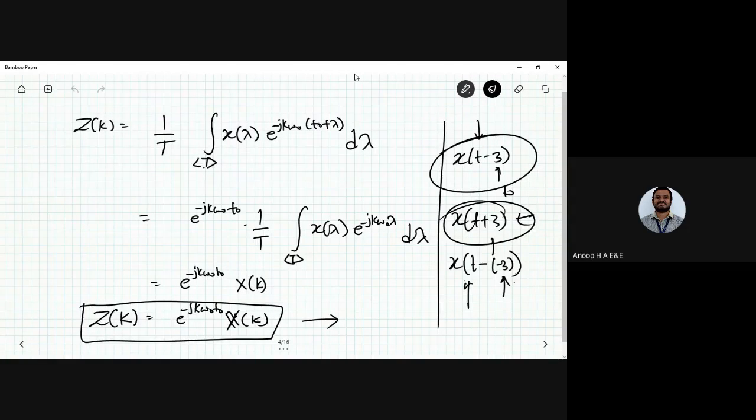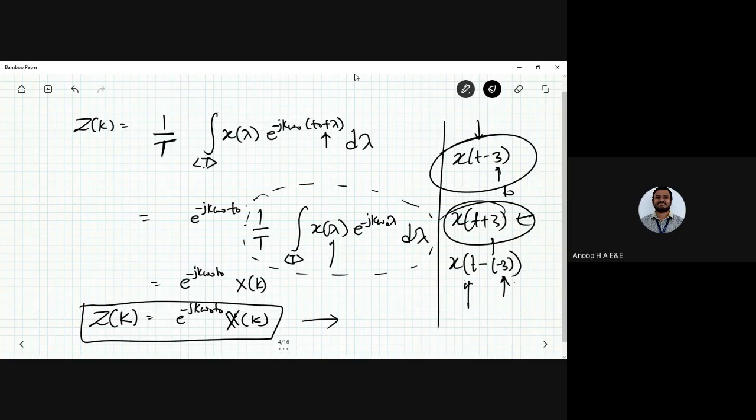This is 1 divided by T integral over the time period x of lambda e power minus j into k into omega naught, where t is being replaced as t naught plus lambda. That is how I can replace it, and this entire term is called x of k.